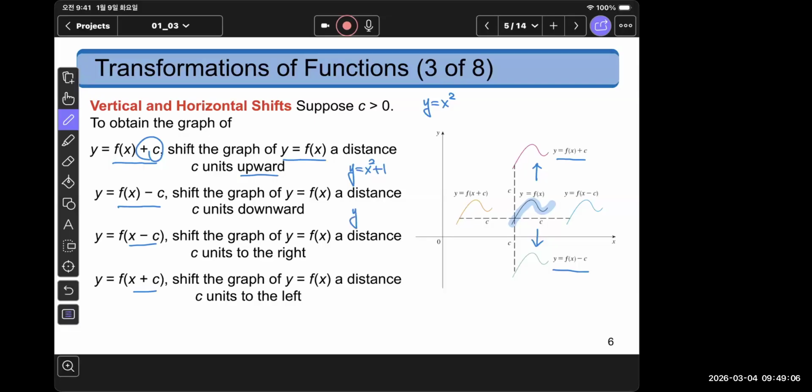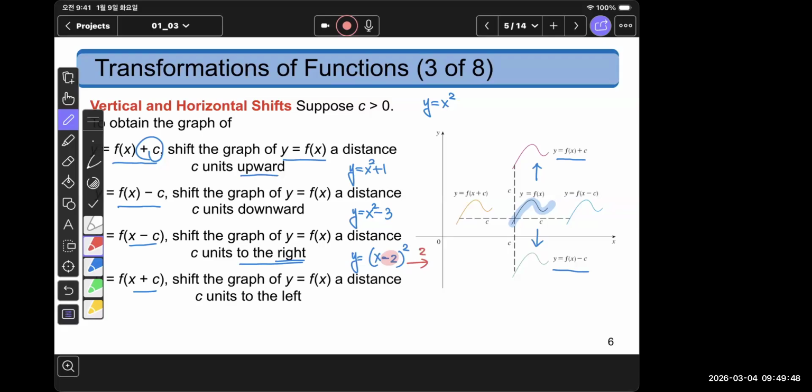If we want to draw the graph of x squared minus 3, you need to shift downward by 3 units. And if your x is replaced by, say, (x minus 2) squared, in that case, you need to shift the graph of f of x to the right by 2 units. So if you have minus 2, then you need to move your graph to the right 2 units.